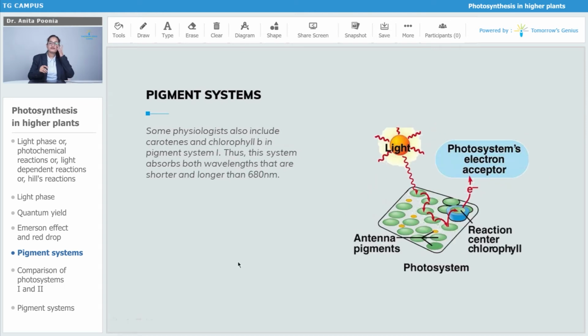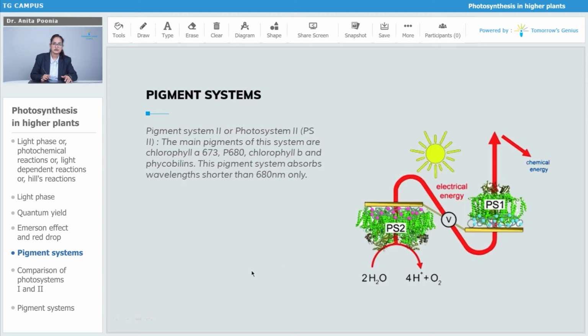Some physiologists also include carotenes and chlorophyll B in pigment system 1, and thus this system absorbs both wavelengths shorter and longer than 680 nanometers. So we see here light falling on the photosystem, the electron acceptor, the reaction center, the chlorophyll antenna pigments, and this is the whole of the photosystem.